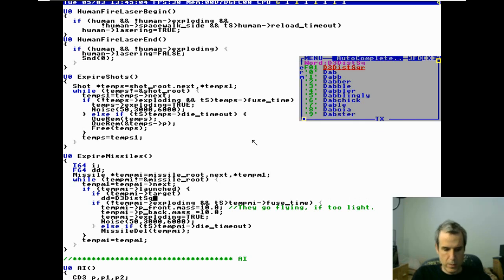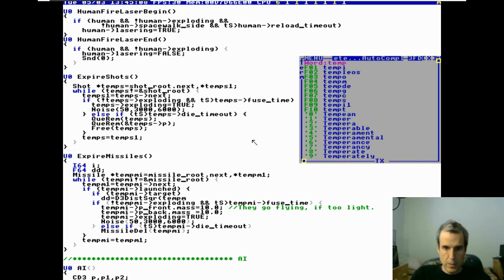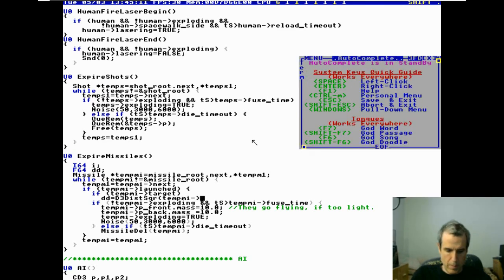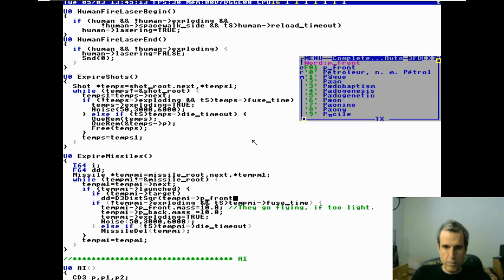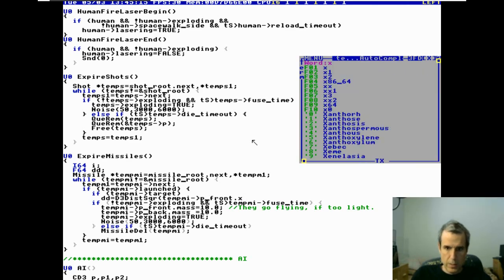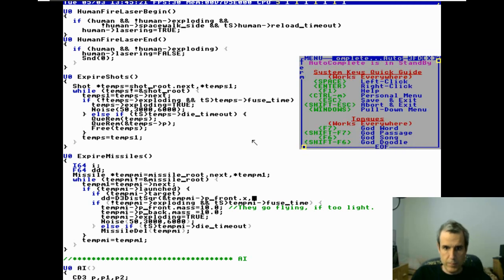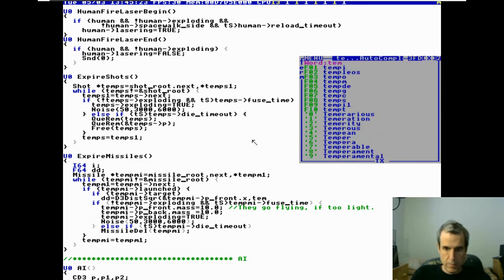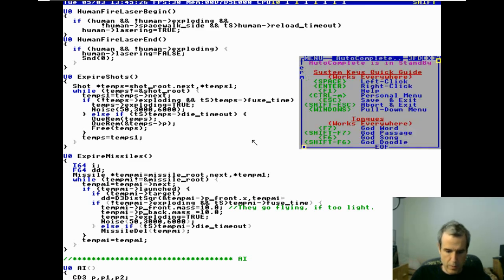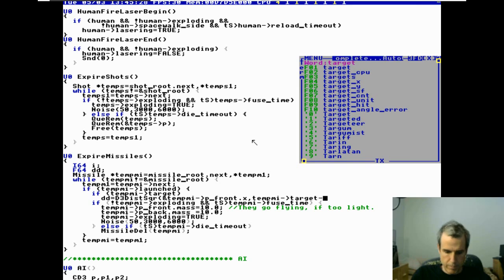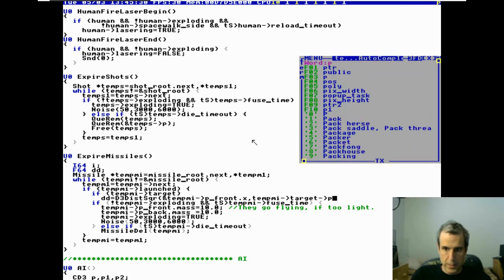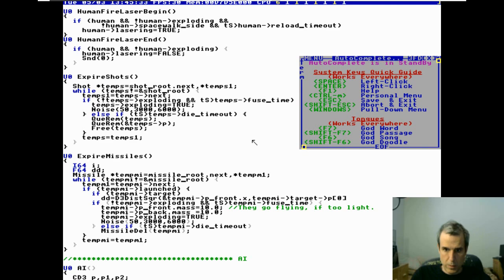Distance squared of temp mi p front dot x, comma, temp my target p 0 dot x, address.